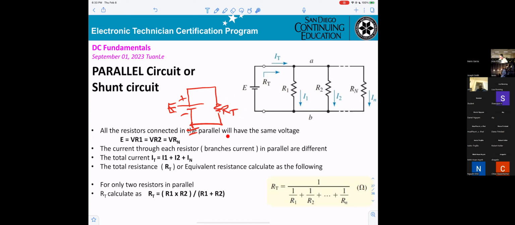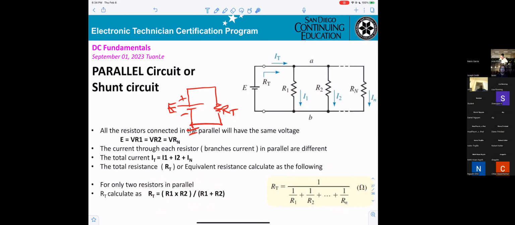Two things you have to know. If you have more than two resistors, use this formula: 1 over R total equals 1 over R1 plus 1 over R2 plus 1 over Rn. If you have only two resistors, you can use the easy formula: R total equals R1 times R2 divided by R1 plus R2.